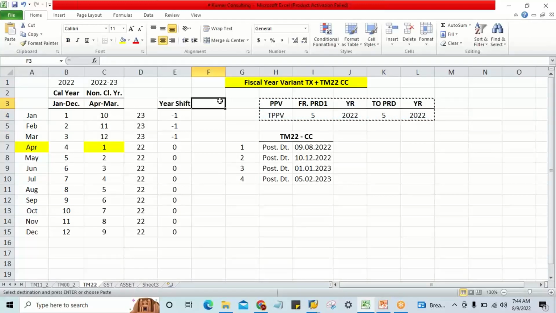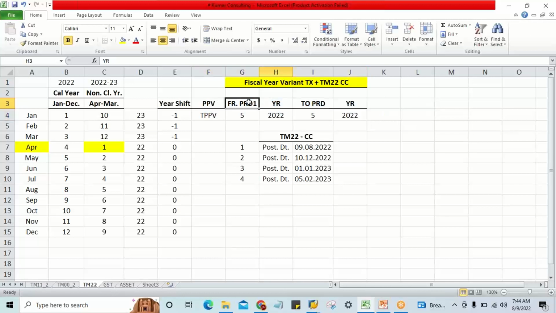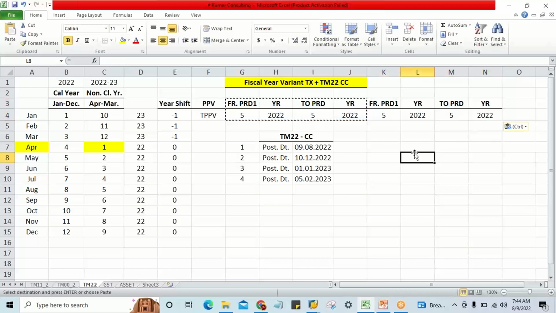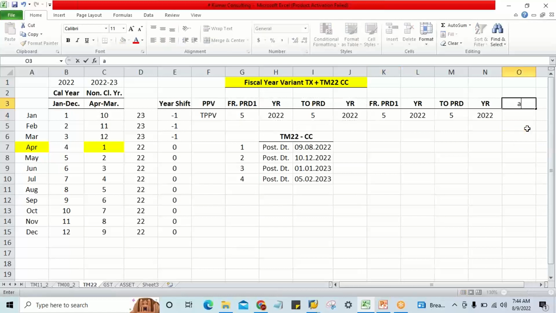Let's suppose open the previous period. So open the previous period means what is happening, guys? So in that case, previous period means 4th period, right? Okay. Now here, authorization group.